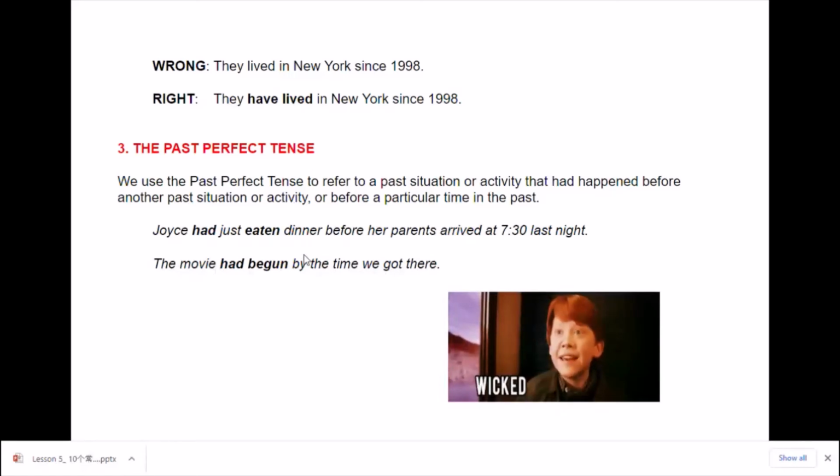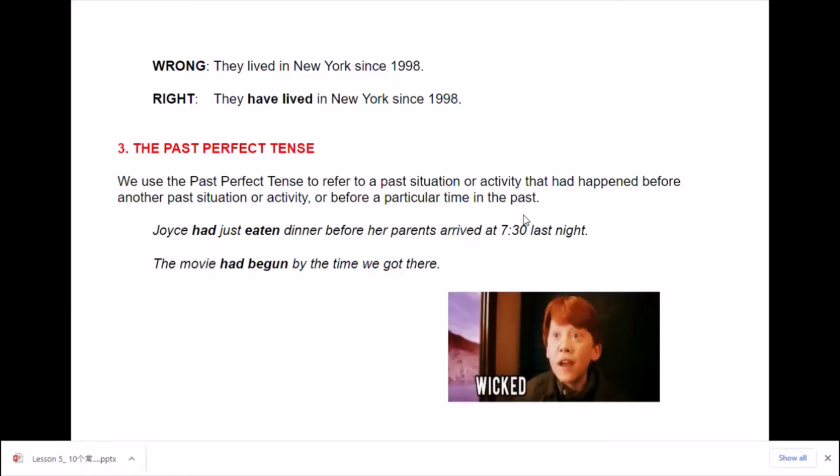Number 3, the past perfect tense. We use the past perfect tense to refer to a past situation or activity that had happened before another past situation or activity, or before a particular time in the past.